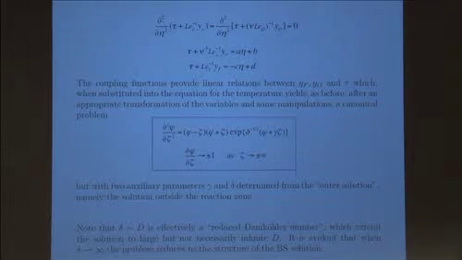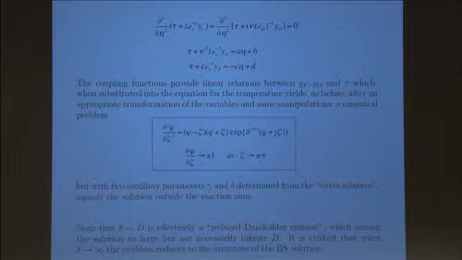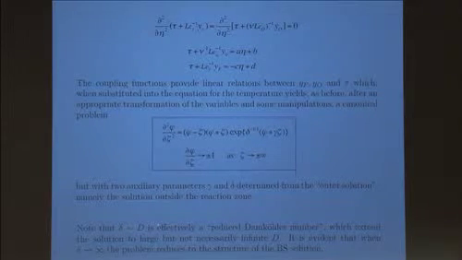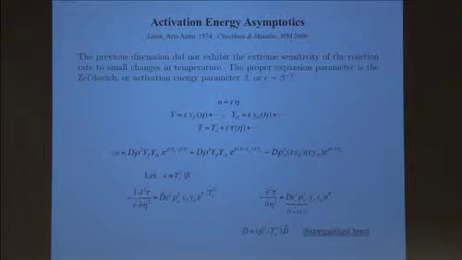Okay. Before I tell you the answer of this problem, let me tell you what these two parameters are. And in fact, delta is written here. Delta is effectively a reduced Damköhler number. So it comes more or less from this distinguished limit here.